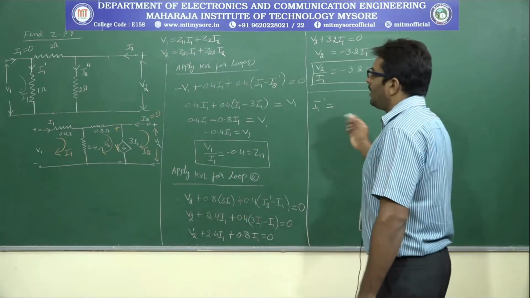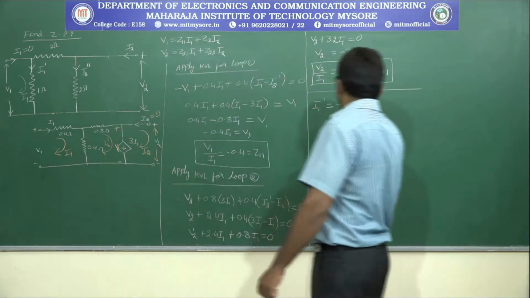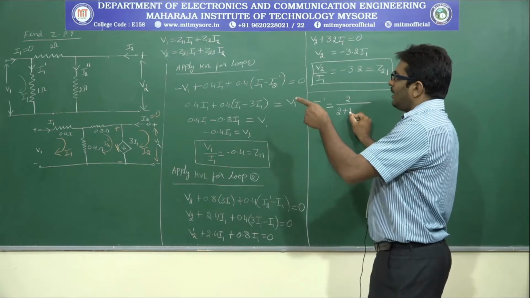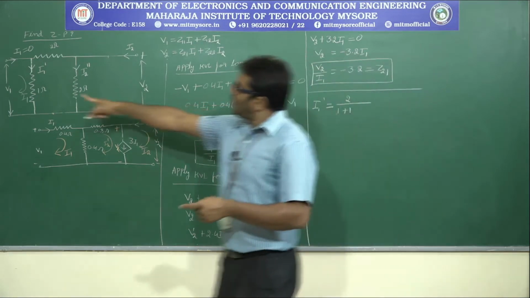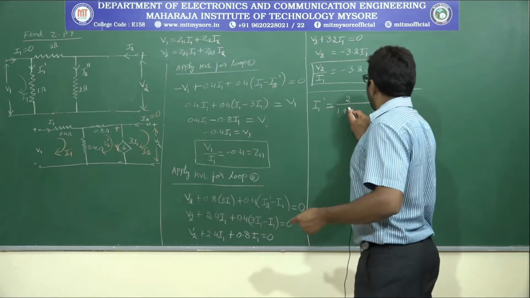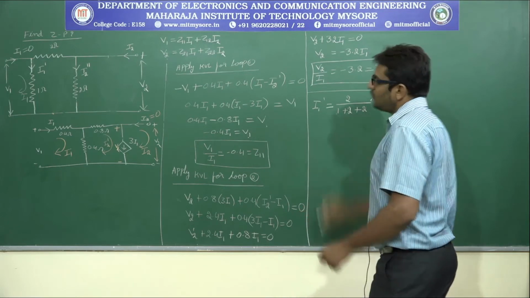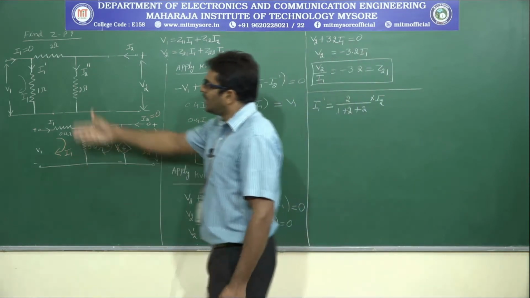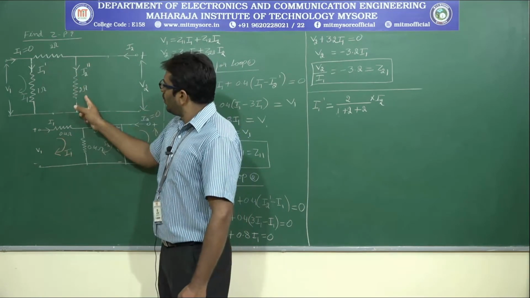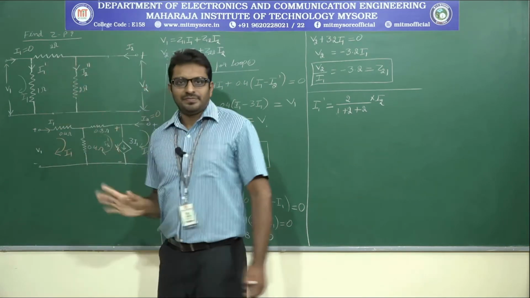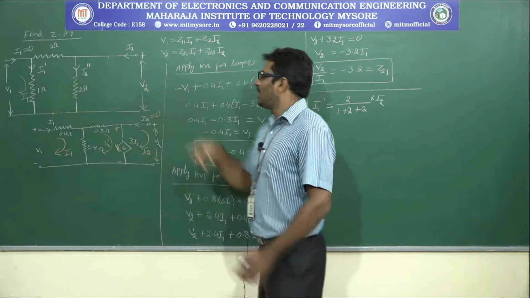The other branch resistance is 2 ohm, divided by 2 plus 3, into the total current, which is nothing but I2.